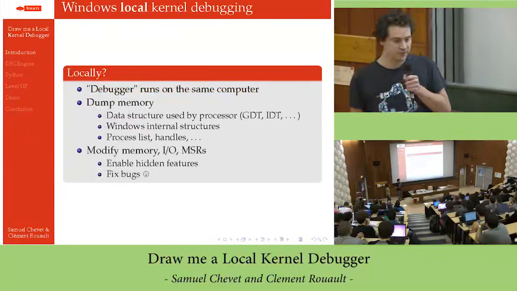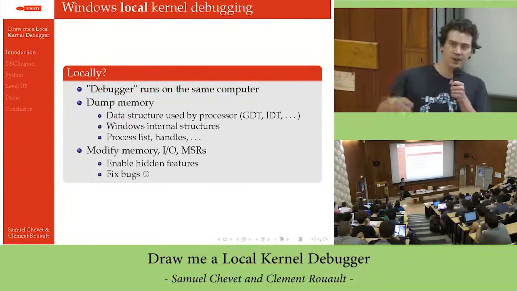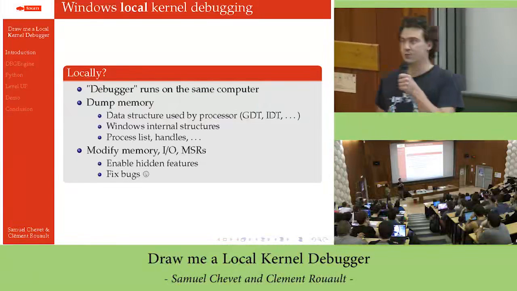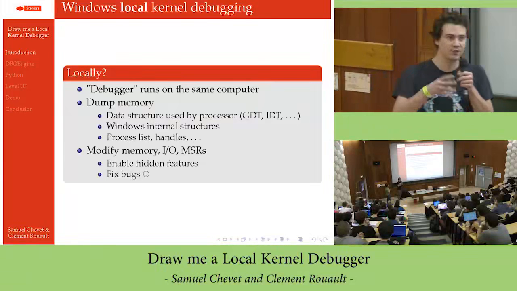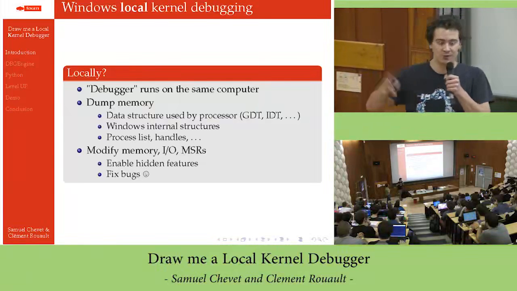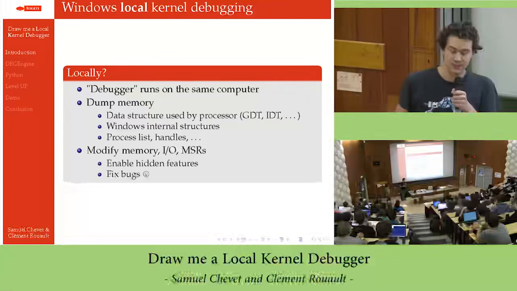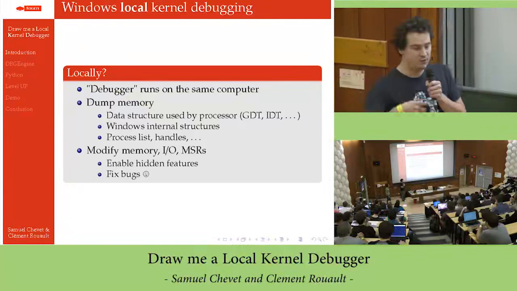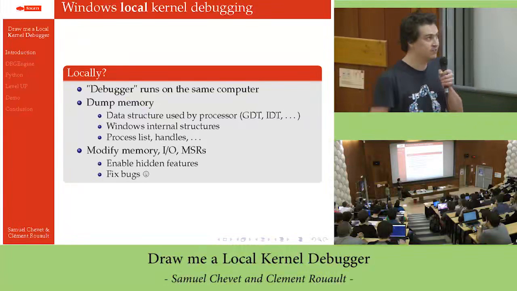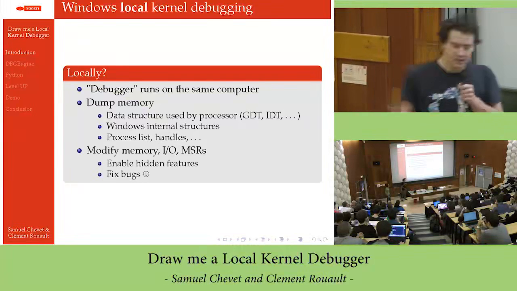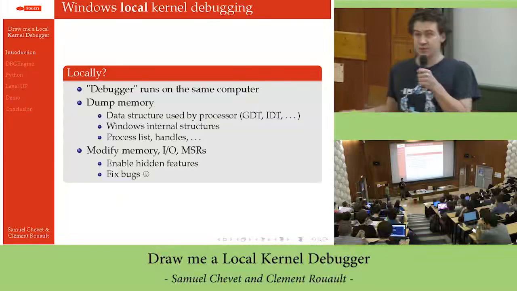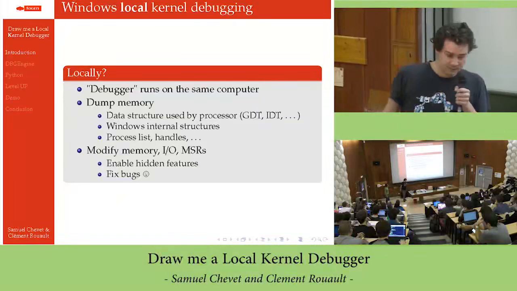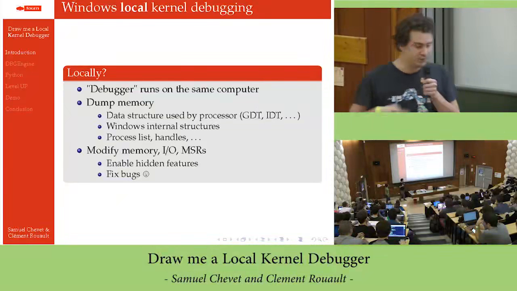So locally, what does it mean? It means that the debugger is running on the computer that you are actually debugging. Of course, you won't be able to put breakpoints, or your computer will freeze. But what you can do is dump the memory, virtual or physical. You will be able to dump the data structures of your processor like the GDT or IDT, internal structures of Windows like the process list entry, and of course, you can modify the memory.